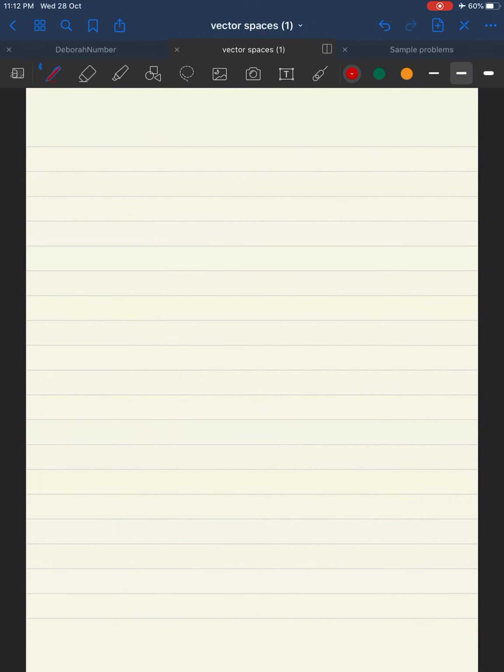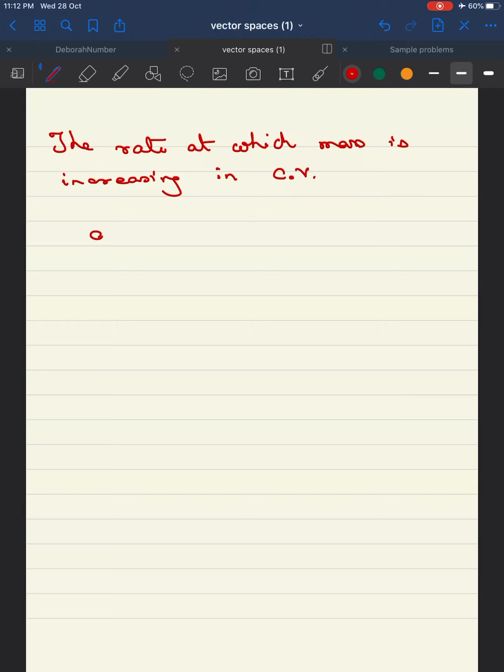Now the rate at which mass is increasing in the control volume, or dm by dt inside the CV, is simply del by del t of rho dx dy dz.